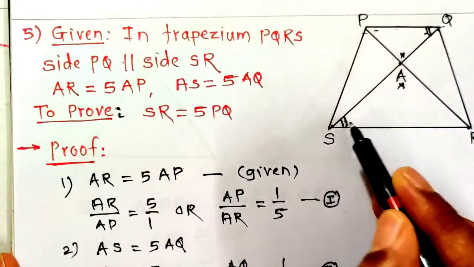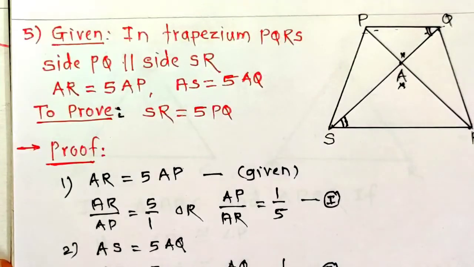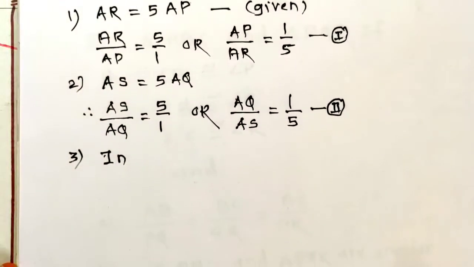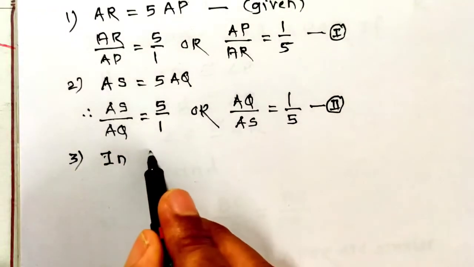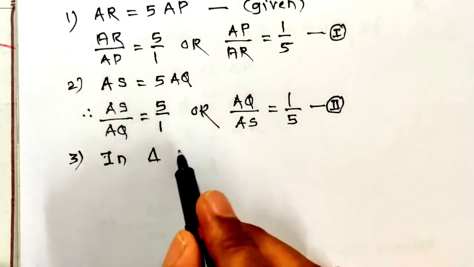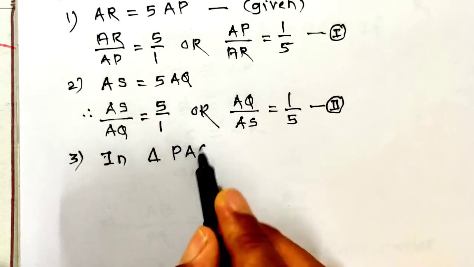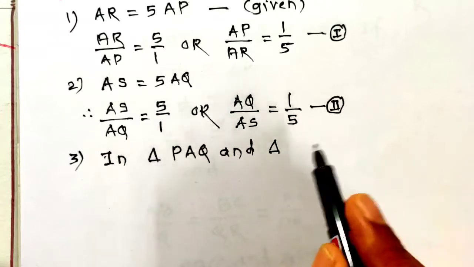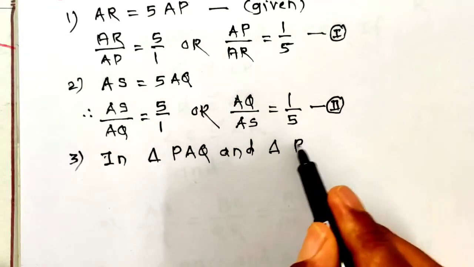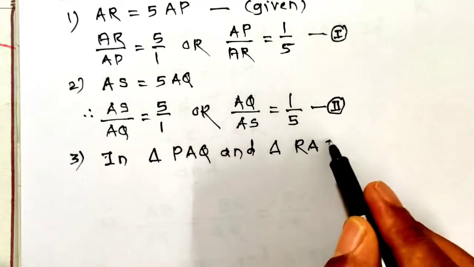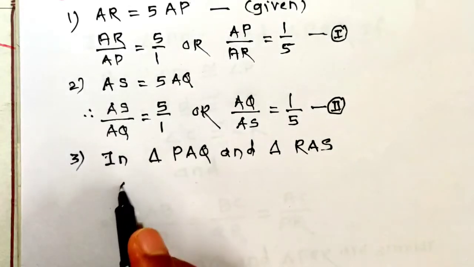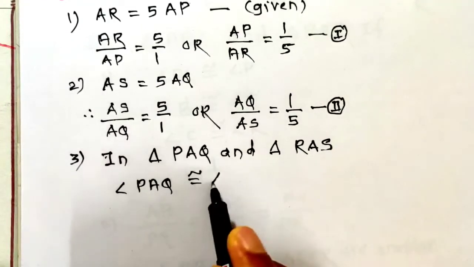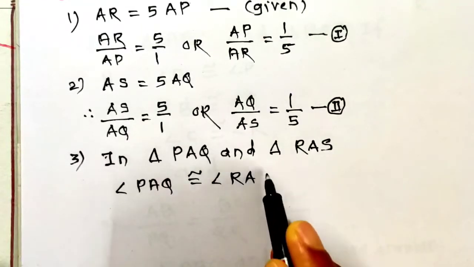So which angles? These are the alternate angles, pairs of alternate angles. So we have to prove these triangles are similar by AA test first. In triangle PAQ and triangle RAS, first pair, angle PAQ congruent angle RAS.